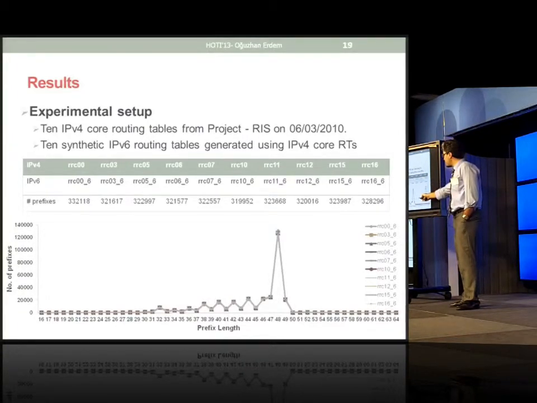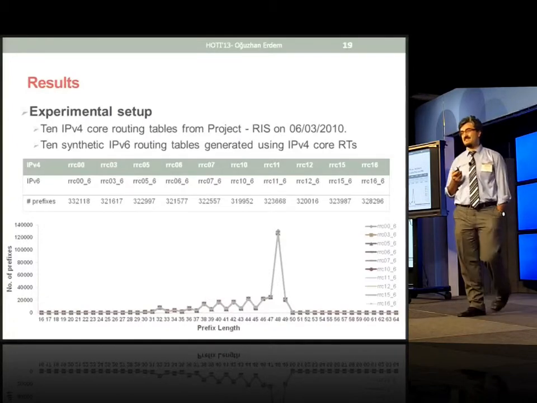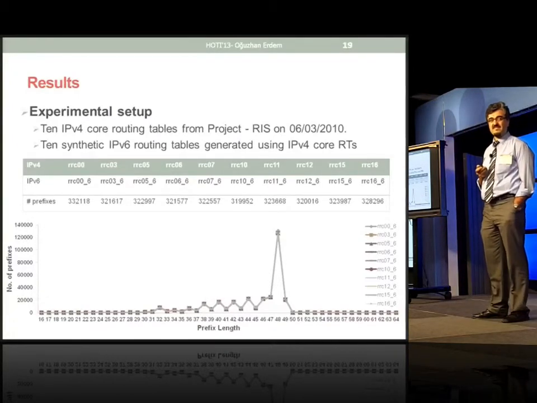In IPv4, half of the prefixes are 24 bits long. Since the mapping is one-to-one, the distribution of prefixes is very similar, almost the same as the IPv4 case. Okay, thank you.